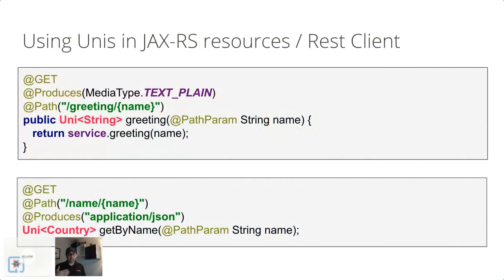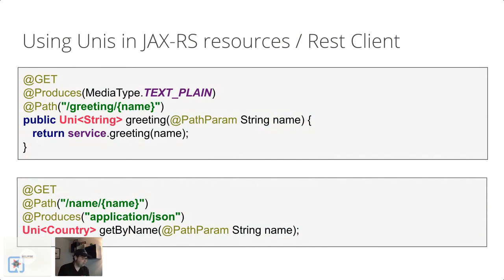How does that work? If you use Quarkus, it looks like this. In a JAX-RS endpoint, you can return a Uni. This means that the endpoint is going to be asynchronous: we pause the request, wait for this Uni to emit its item, and once it's ready, we resume the request and write the response.